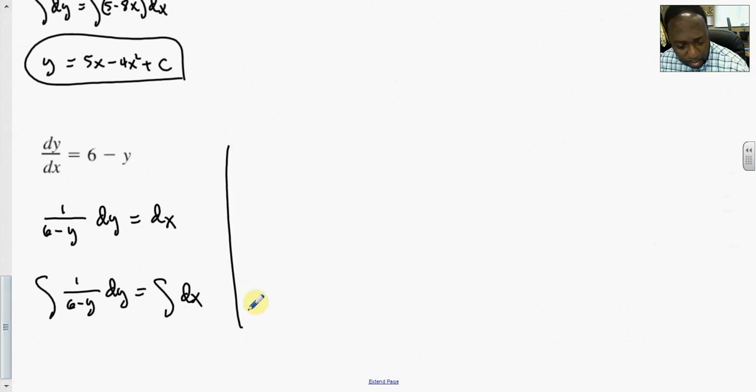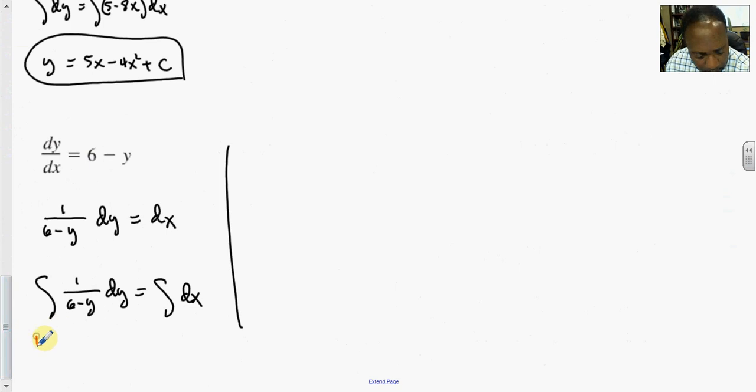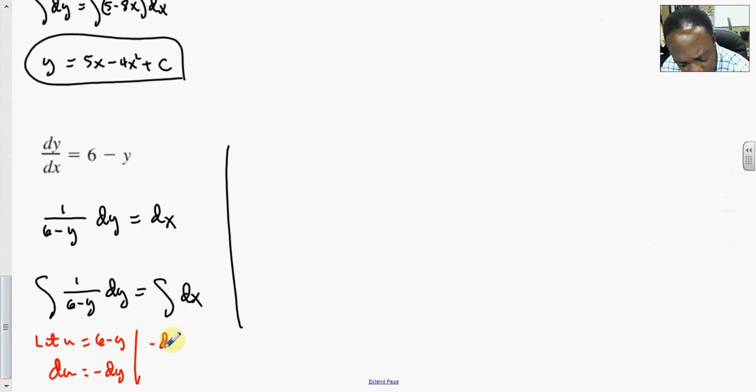Well, to integrate the left side, you need to use a u-du substitution. So let u equal 6 minus y. Du is negative dy. So negative du is equal to dy.